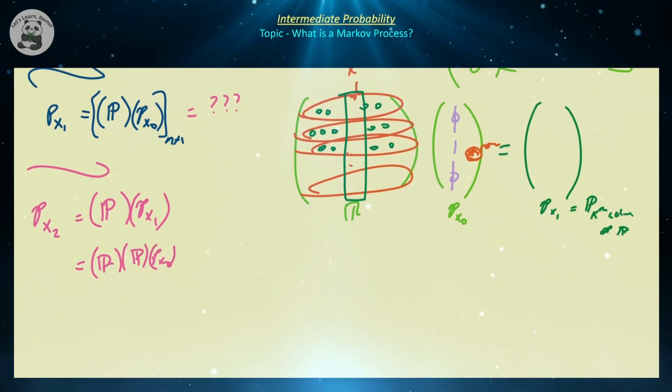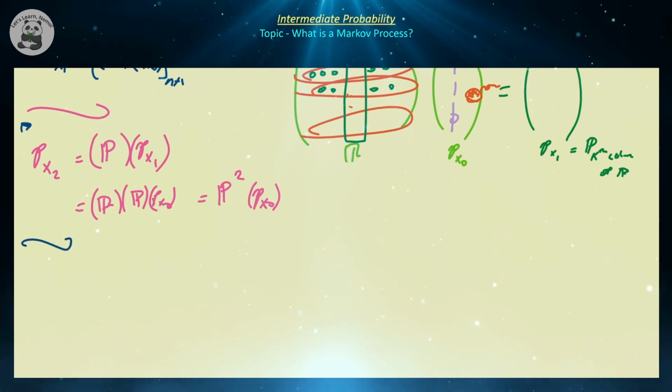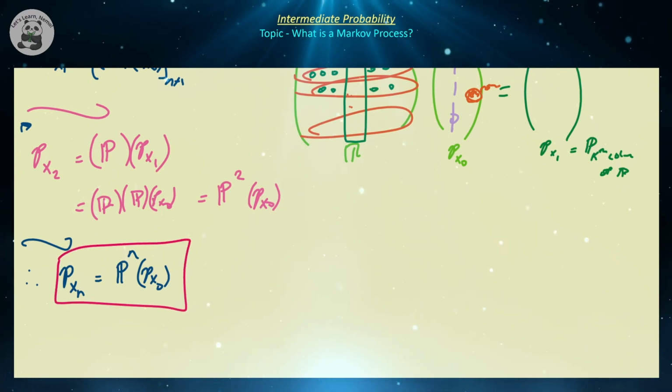And keep in mind, matrix multiplication is associative. So this is precisely equal to P squared times px0. You can obviously see a nice little recursion, and you can use mathematical induction to justify this. The probability distribution for xn is just equal to P to the power of n times px0. So this gives us a nice iteration for that.